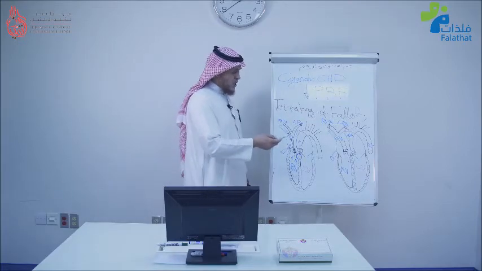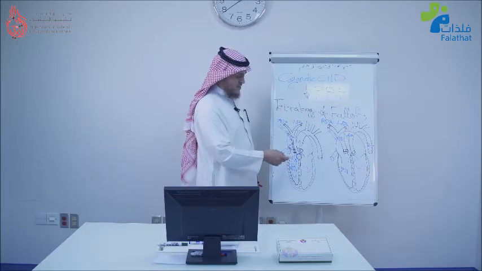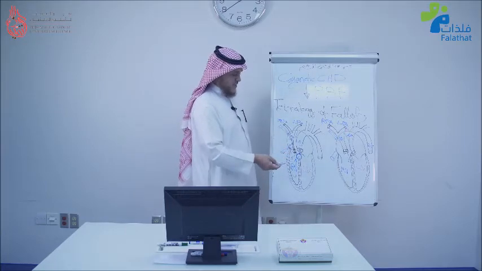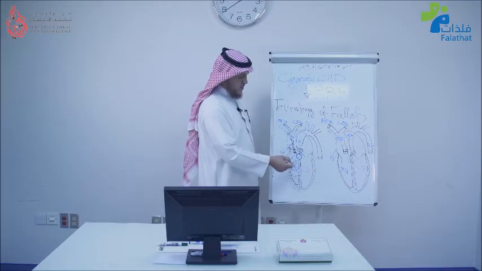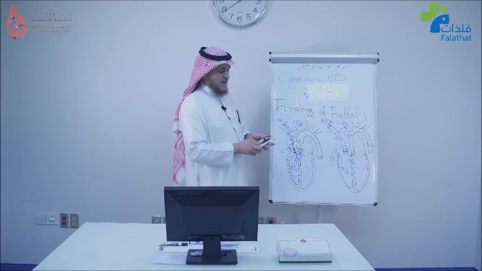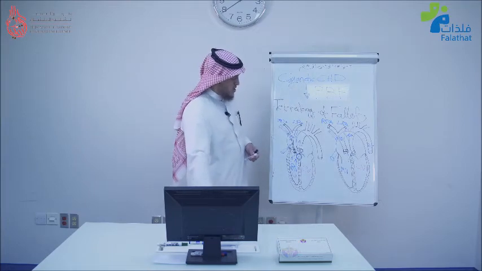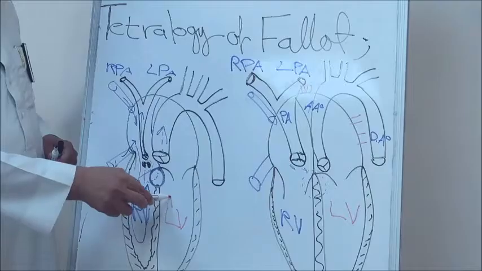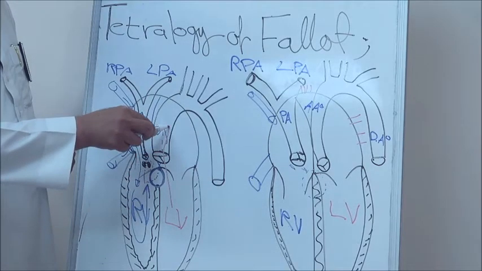Here, we do not have an issue of mixing on the right side. Actually, the mixing is happening on the left side. The obligatory right to left shunt goes through the VSD, through the aorta, and then the cardiac output that's coming from the left ventricle would go through the aorta.